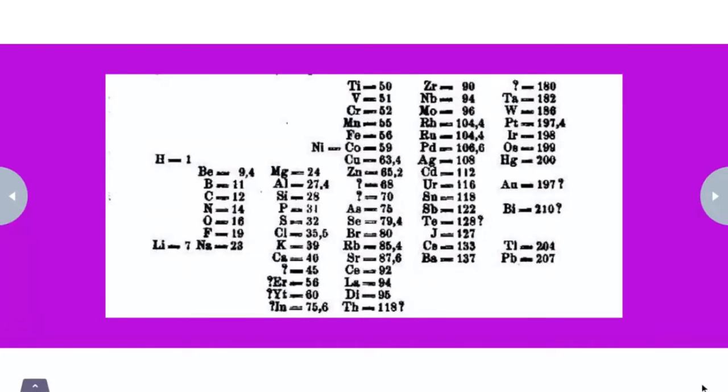But let's look at these elements. Here, for instance, we have lithium, beryllium, boron, carbon, nitrogen, oxygen, fluorine. Okay? And then we have another set, sodium, magnesium, aluminum, silicon, phosphorus, sulfur, chlorine, potassium.